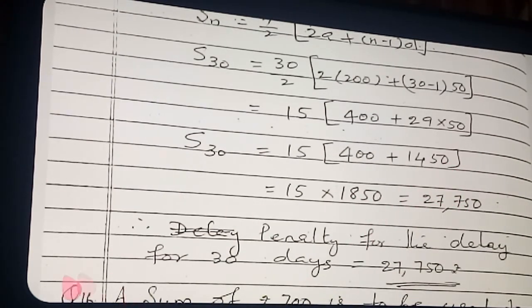So total penalty how much is given? 27,750 rupees penalty the particular person has to pay. Okay, clear the sum? This type of sums, reading one time, two times properly, you can understand. Okay, copy the sum.